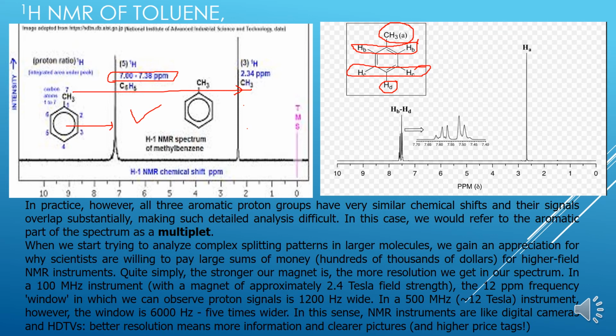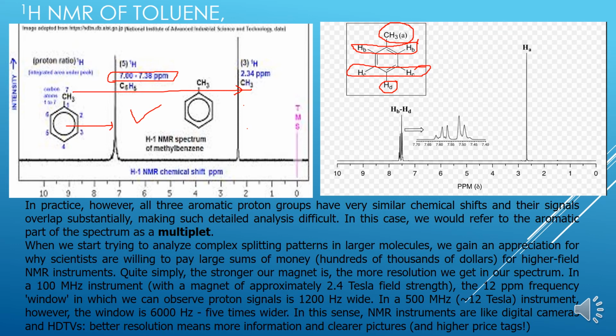Remember, when we start trying to analyze complex splitting patterns in a larger molecule, we gain an appreciation for why scientists are willing to pay large sums of money for higher field NMR instruments. Quite simply, the stronger our magnet is, the more resolution we get in our spectrum.